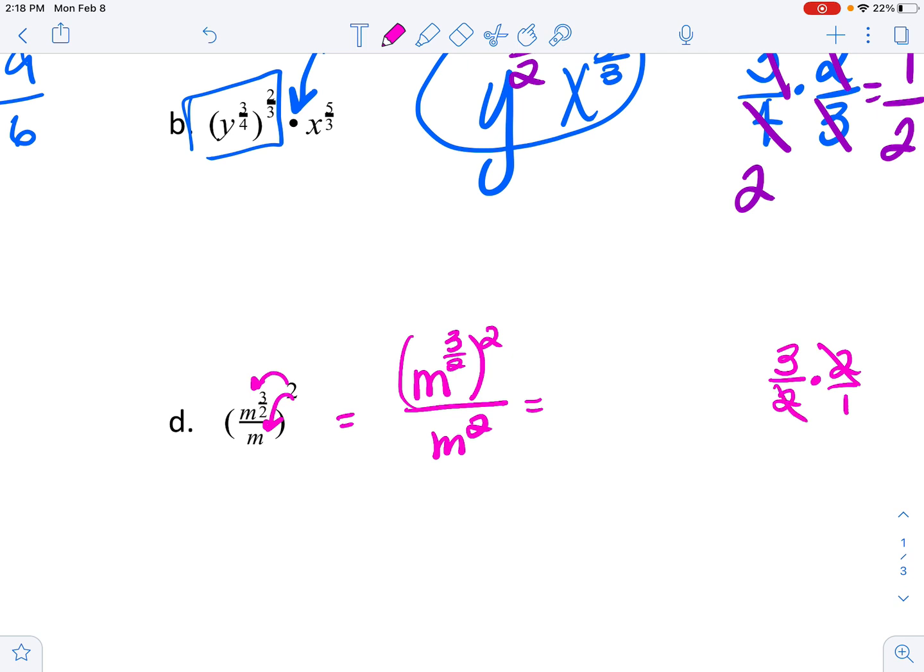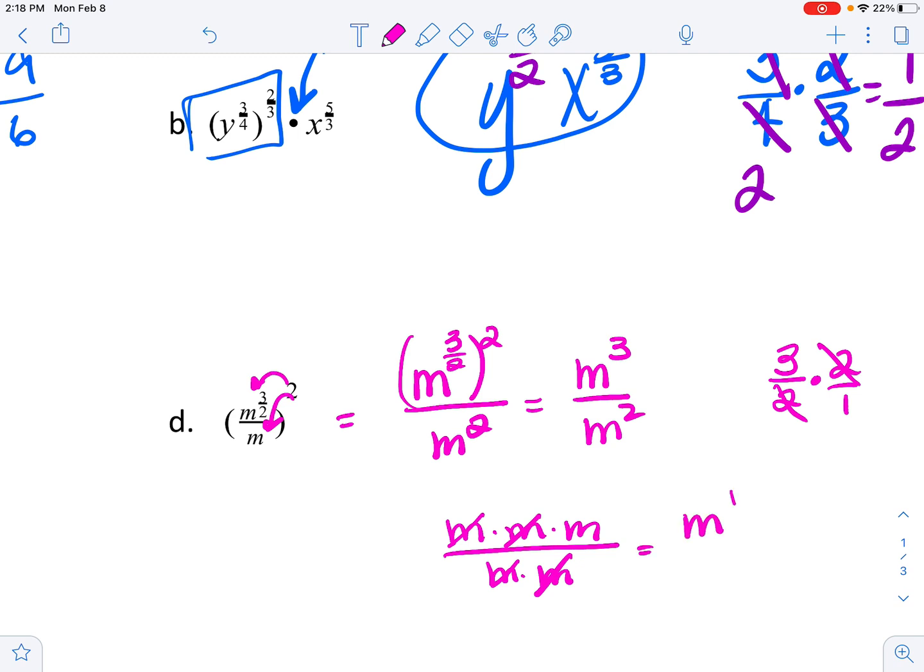Cross cancel, that gives us 3. That gives us m to the 3rd over m squared. And just like I did before, I can break them down. I can recognize that there are more m's on the top, and 3 minus 2 is 1, so our final answer is m to the first power.